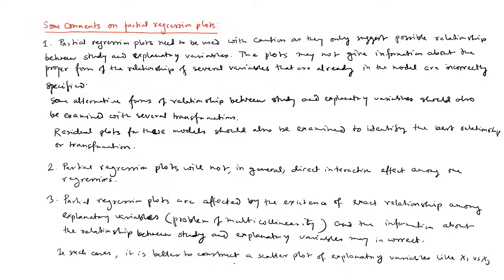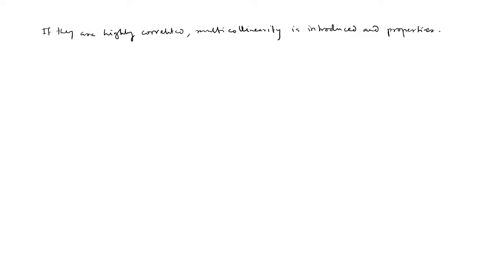If they are highly correlated, multicollinearity is introduced and the properties of estimators like ordinary least squares estimators of regression coefficients are disturbed.